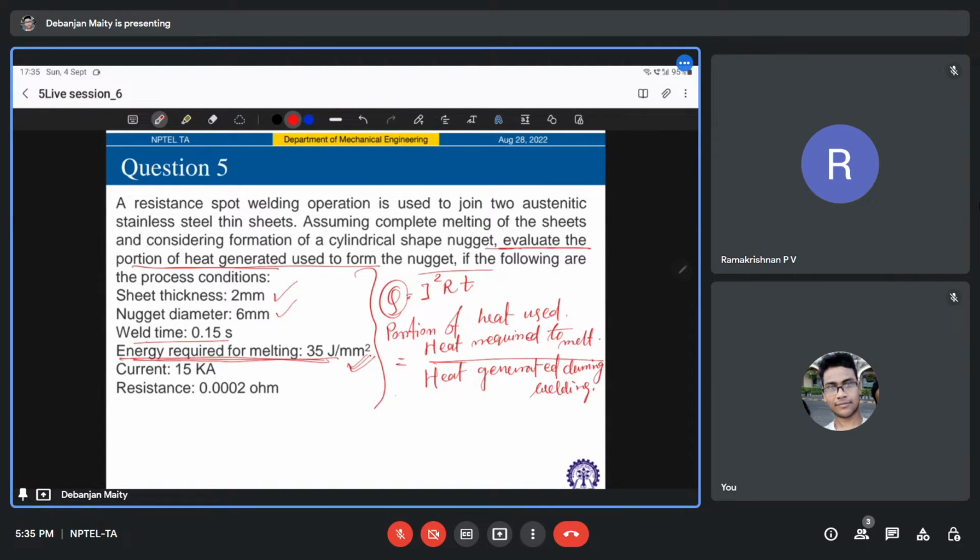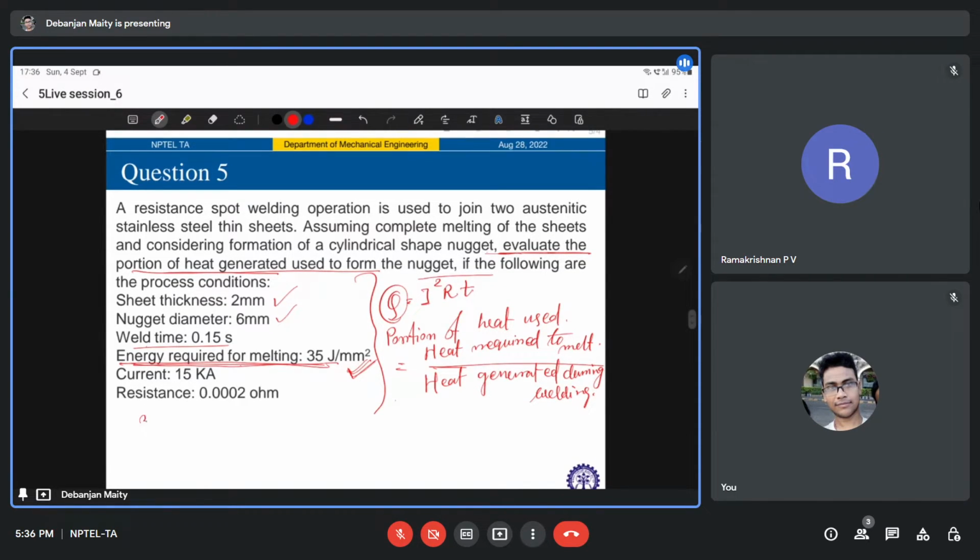Now, if we try to find out the heat required during melting, it says that energy required for melting is 35 joule per mm cube. So what will be the total heat required for melting? It will be 35, sorry, this would be per unit volume.